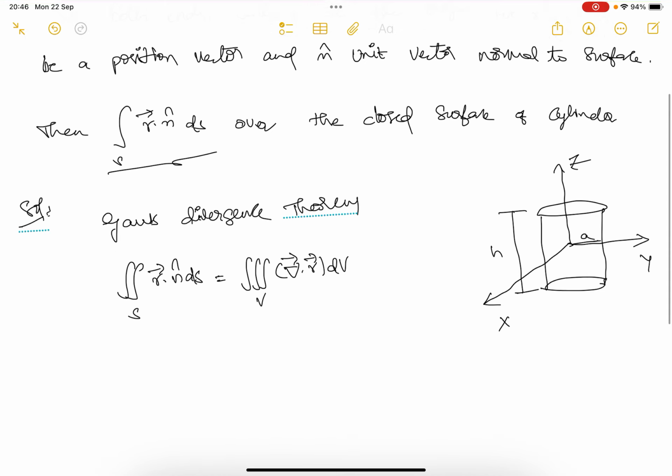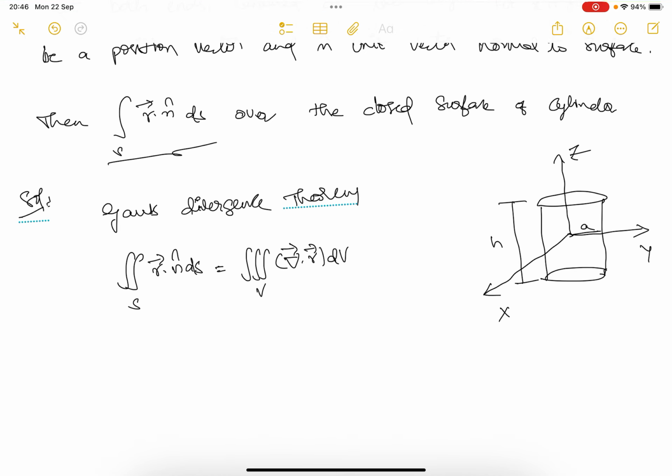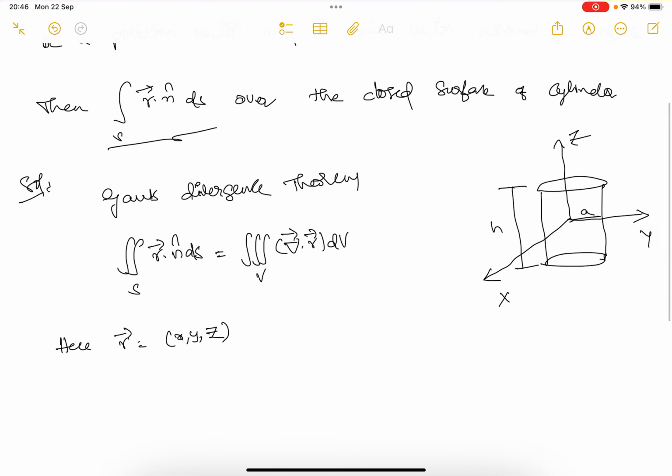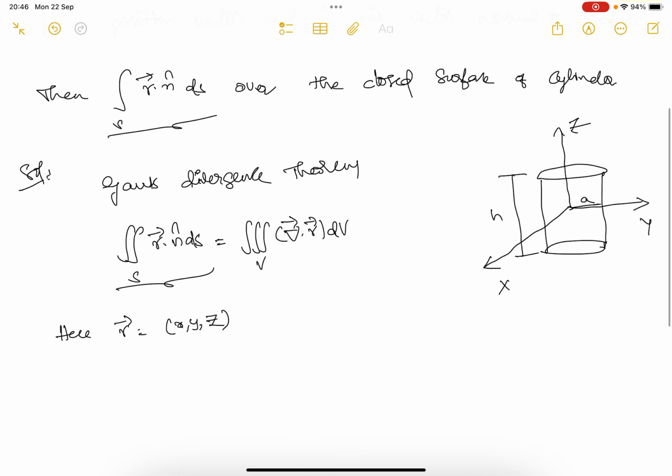Here r bar is given as x, y, z, that is x i, y j, and z k. We can convert this using the Gauss divergence theorem into a triple integral over the entire volume. So let's calculate the integrand, which is a scalar.